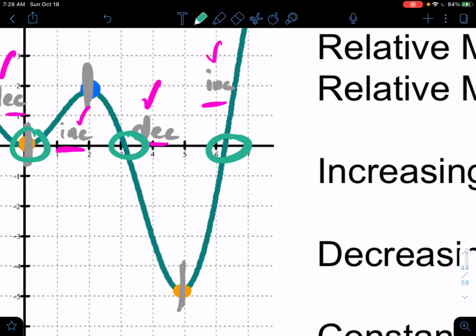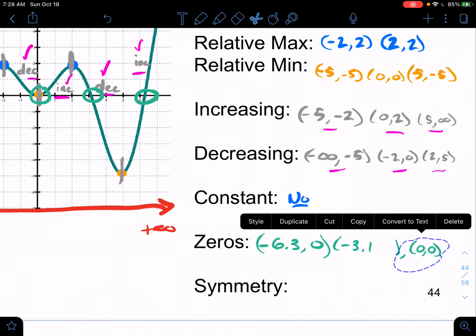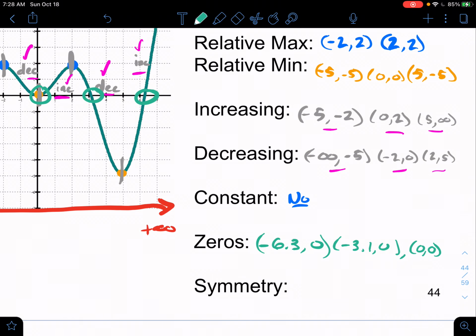Looks like we had another one that happened at maybe positive 3.1. Hold on. Positive 3.1. And then it looks like our last zero maybe occurred up here at 6.3 again.